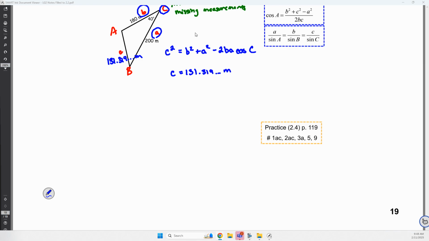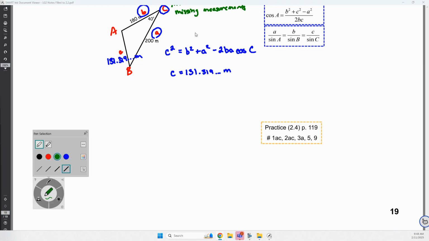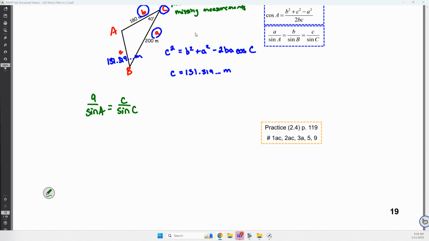So if I use my sine law, I have A over sine A is equal to C over sine C. I'm going to fill this out just for here. So I have 200 over sine A is equal to 131.319 over sine 40.